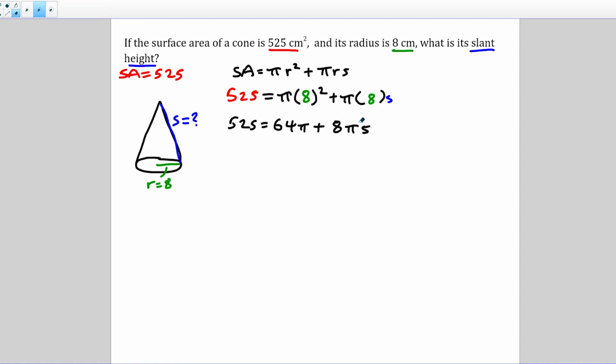Now for those of you who are wondering whether or not it matters if I put the pi first or the 8 first, mathematics also follows a very similar writing convention as the English language does. So for example, if I said, hey, look at that big red truck drive down the road, none of you would really bat an eye.